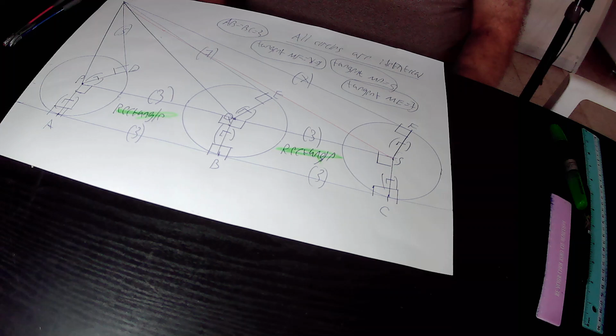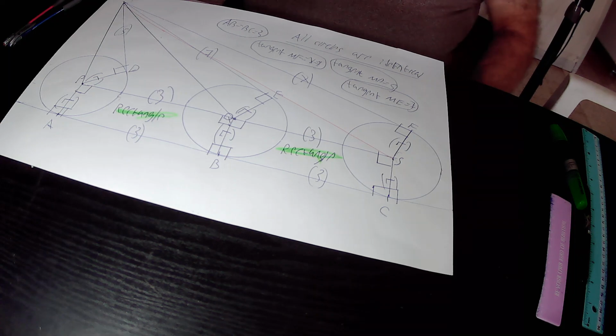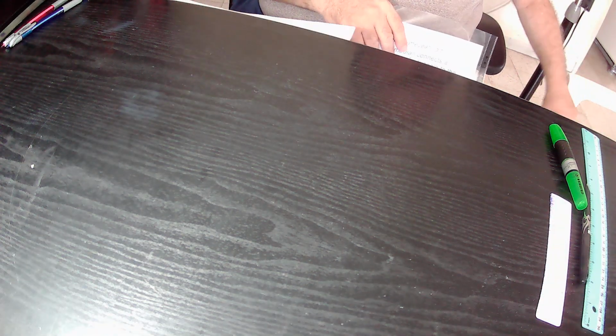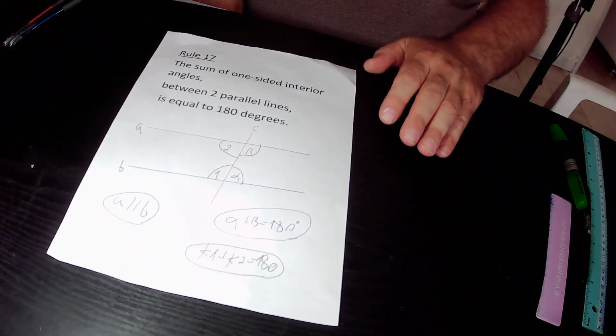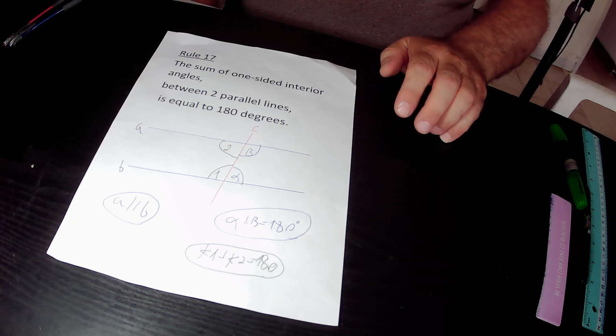Okay? And because PQS is parallel to ABC, we can implement here rule 17. So I put quickly rule 17. According to rule 17, the sum of one-sided interangles between two parallel lines is equal to 180 degrees.